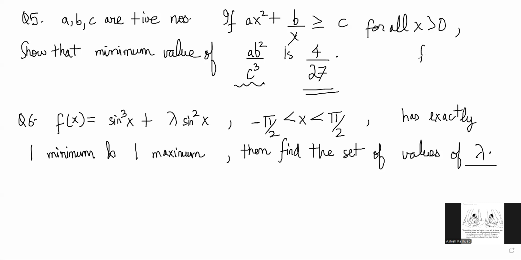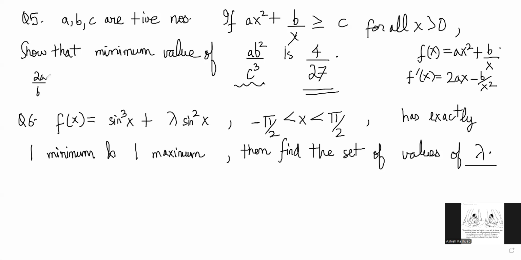You take the function f of x as ax square plus b by x and analyze that function. Your first derivative is going to become 2ax minus b by x square, and this will be 0 when 2a by b is equal to 1 by x cube.